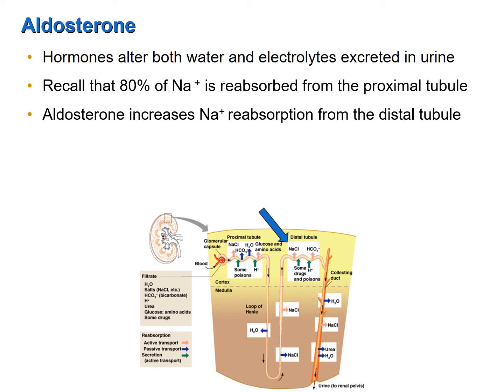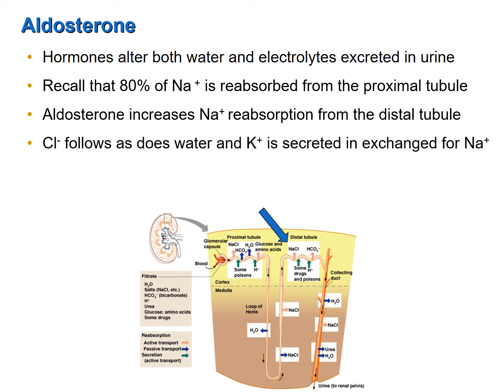In fact, if aldosterone secretion is of a sufficient magnitude, almost all of the sodium can be reabsorbed from the distal tubule, and therefore very little sodium is lost in the urine. As sodium is reabsorbed, chloride ion follows as well. So sodium and chloride, table salt, is reabsorbed from the distal tubule.